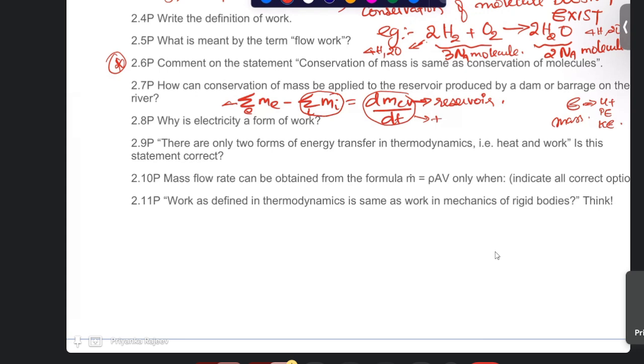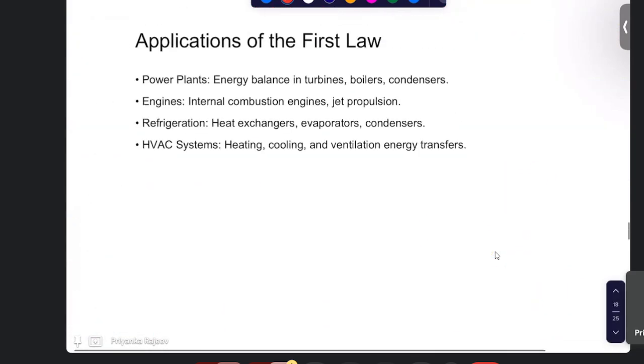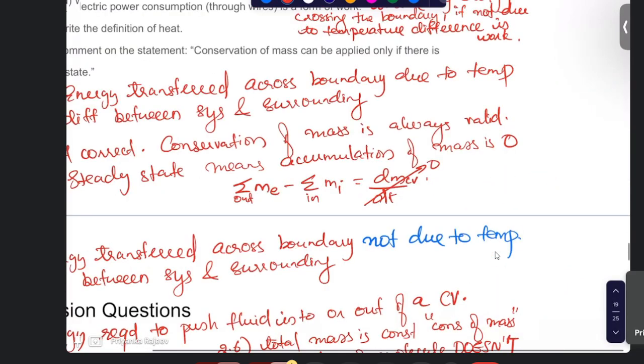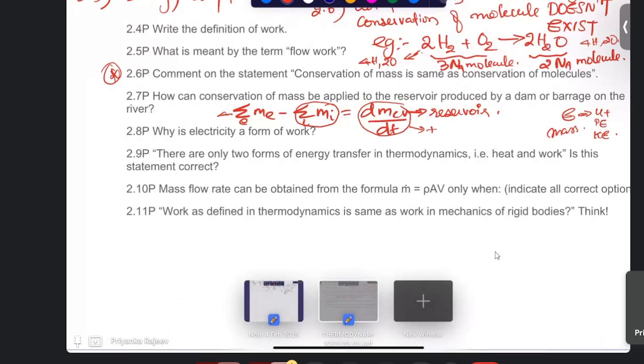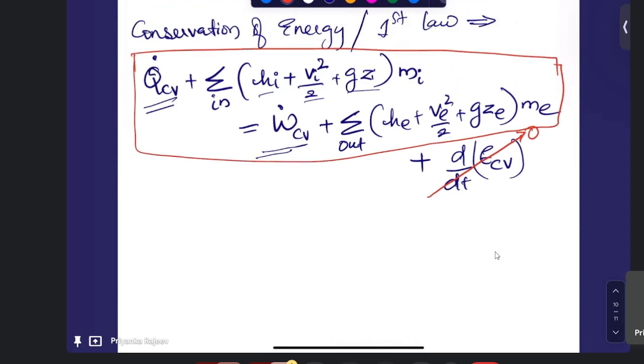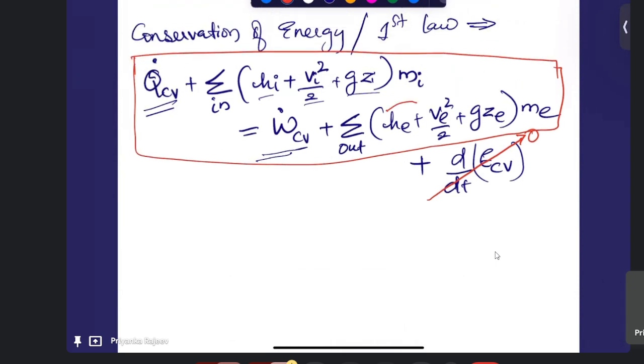Enthalpy change. We have seen in the previous derivation that this entire term is one term of energy. So heat is a form of energy, work is a form of energy, this entire thing is a form of energy, right?